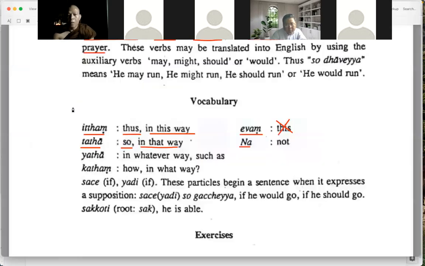Here now, in this way we use yatha and then tatha. Yatha is 'in whatever way' or 'such as'. Even though we say the literal meaning of yatha is 'such as', yatha is rarely used alone. It is commonly used with tatha.